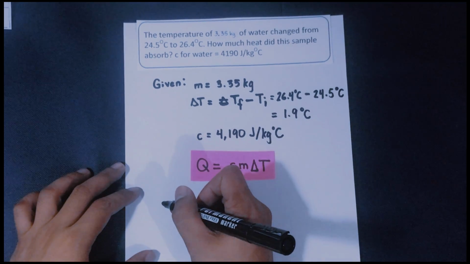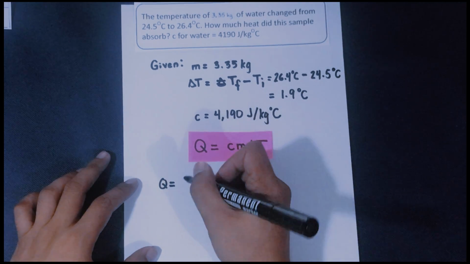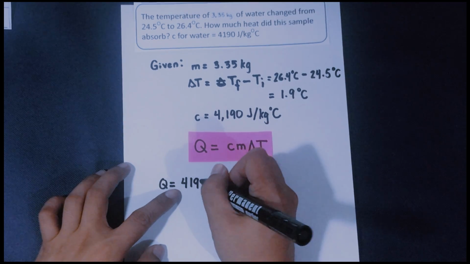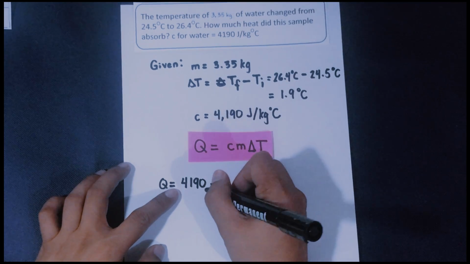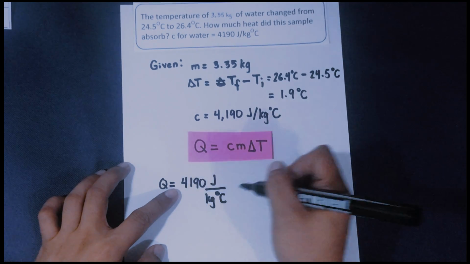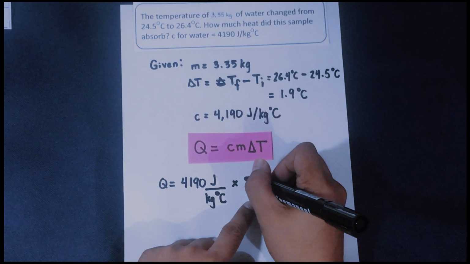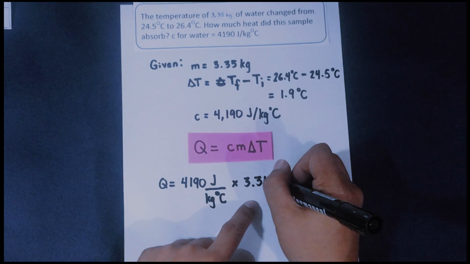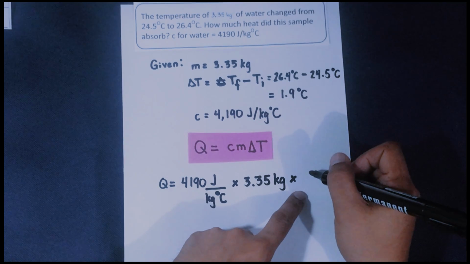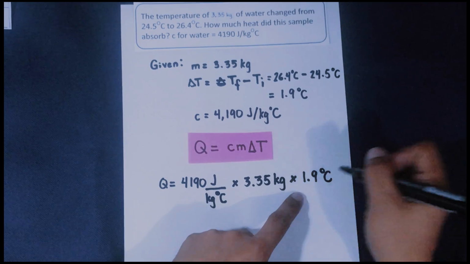So we have Q is equal to the specific heat, which is 4,190 joules per kilogram degrees Celsius, multiplied by the mass, which is 3.35 kilograms, multiplied by the change in temperature, which is 1.9 degrees Celsius.